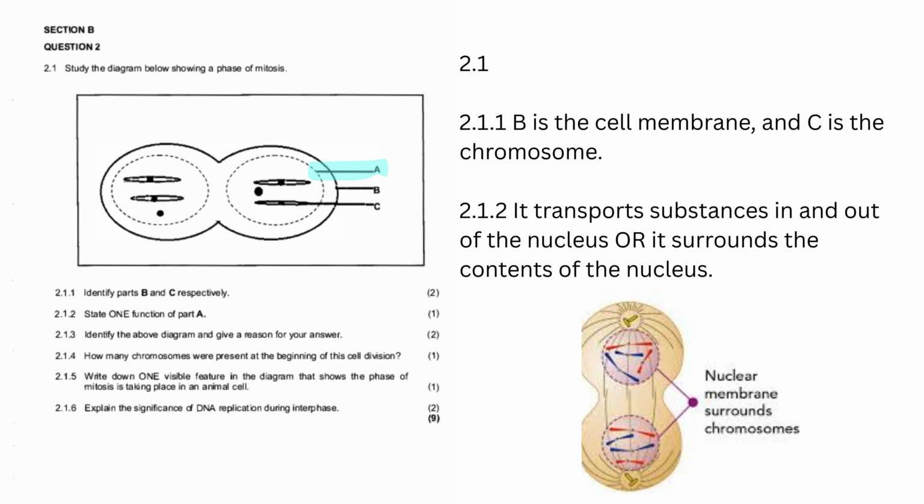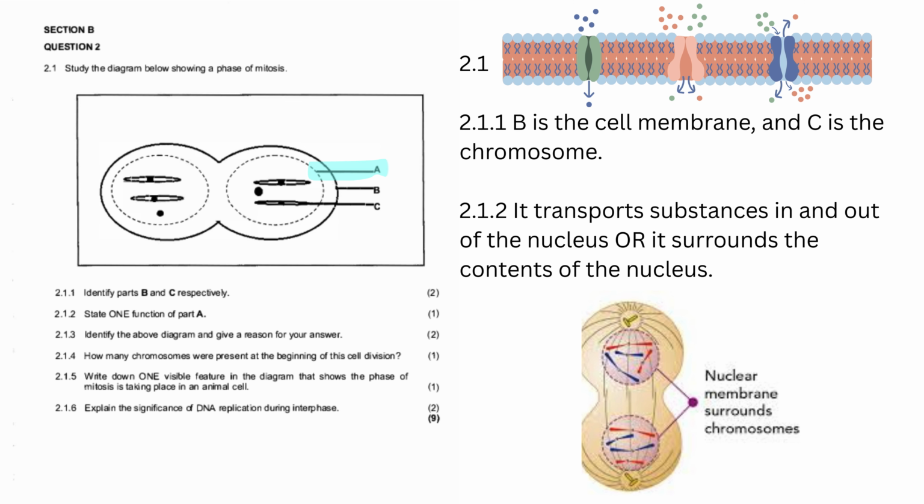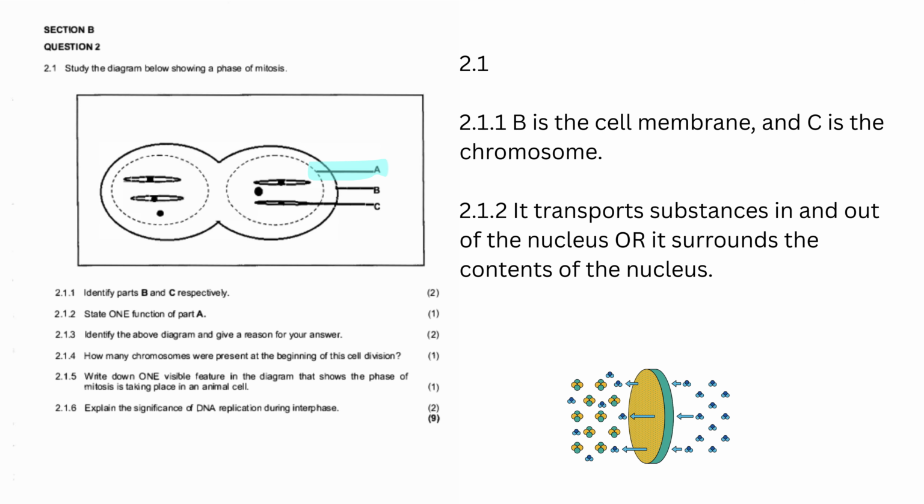Think of it like a security fence. Its job is to protect the DNA by surrounding it, while also acting as a gatekeeper that controls exactly what molecules are allowed to enter or leave the nucleus.